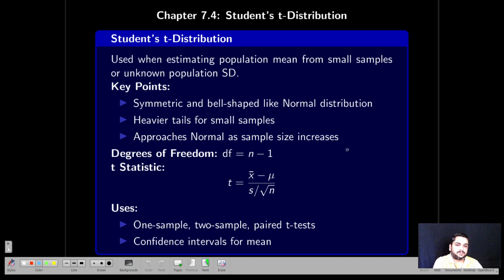The Student's t-distribution is used when estimating the population mean from small samples or when the population standard deviation is unknown. Let us say this is your population. Assuming the population mean mu is known, you can estimate some variance or other statistics, and you can test how good our sample mean, standard deviation or variance is.